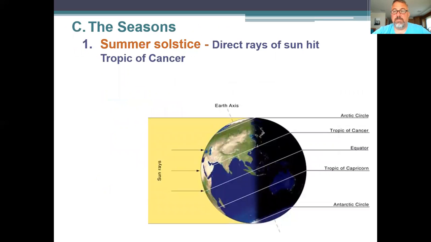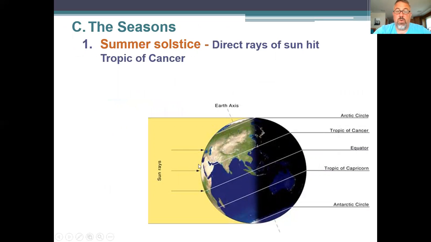So, seasons. We mark our seasons by solstice or equinox. And we'll talk about that. So the summer solstice, the first day of summer, the direct rays hit the northern hemisphere, which is the Tropic of Cancer.